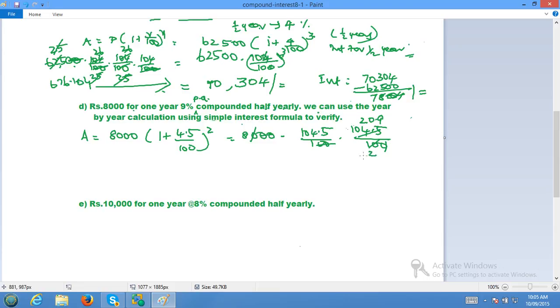This will become 2. This 2 you can cancel with this one. So 4 multiplied by 104.5 multiplied by 104.5. If you multiply 4 by 104.5, you get 418.